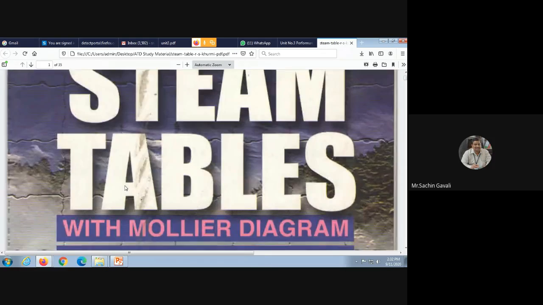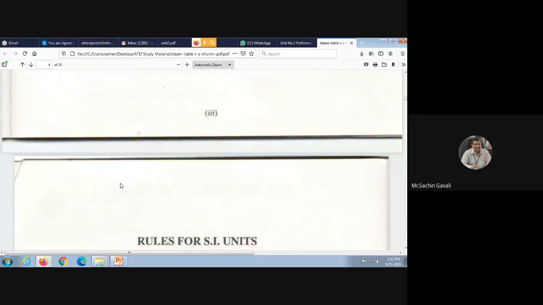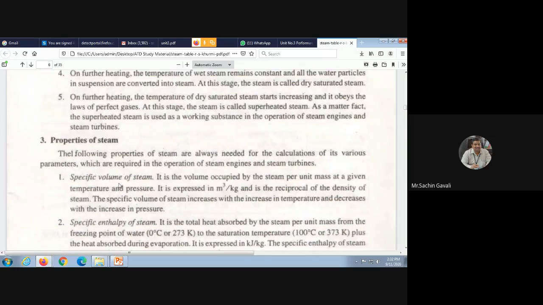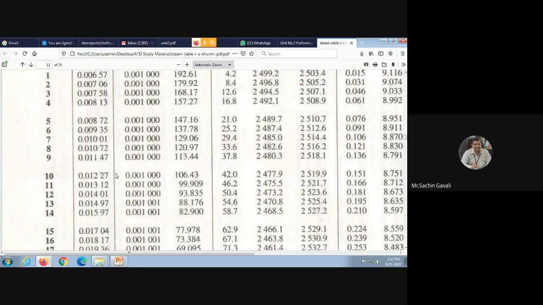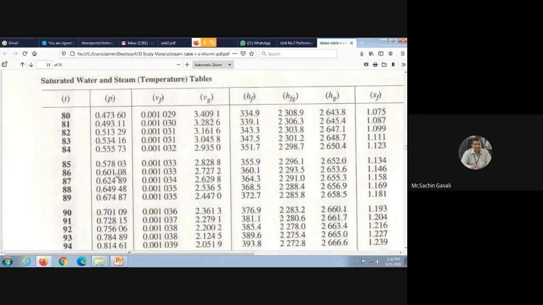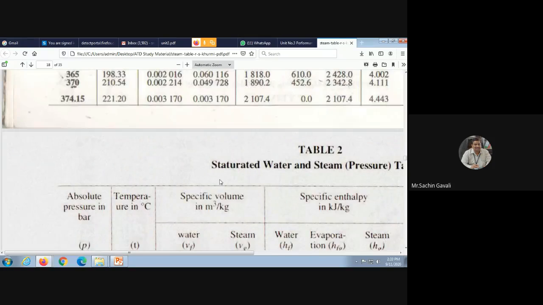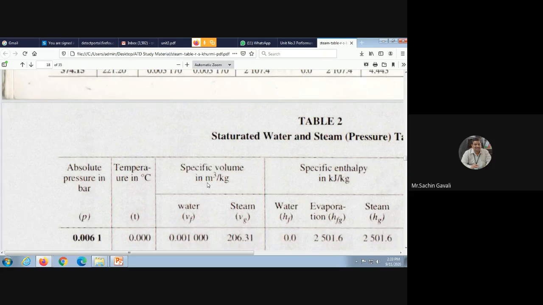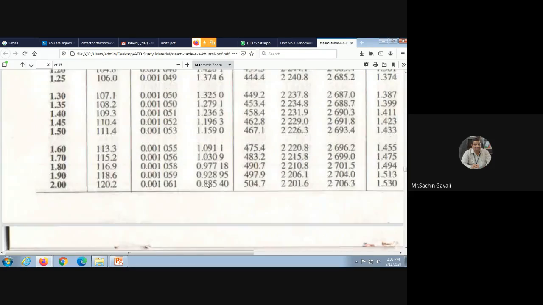Table number 2, where pressures are given. When the pressure of steam is given, we can record the other data: HF, HFG, SF, SFG. We have done that kind of practice. And the pressure is 8.5 bar.